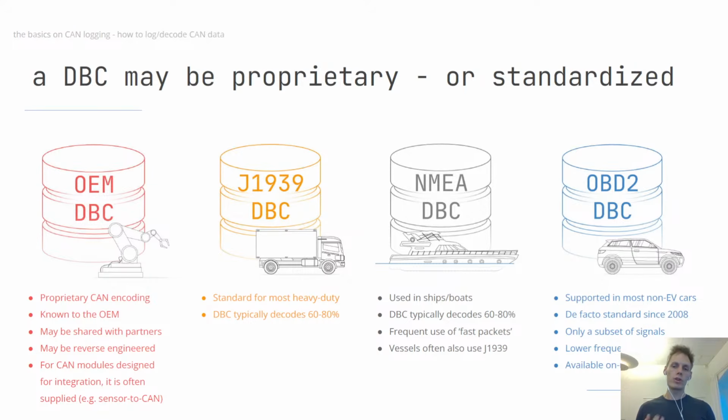The same goes for boats and ships for the EMEA DBC file, and the same goes for cars for the OBD2 DBC file, with the added comment that for the OBD2 case, you get quite a smaller subset of signals at a lower resolution, which might suffice for some use cases, but for others, it might not be enough.